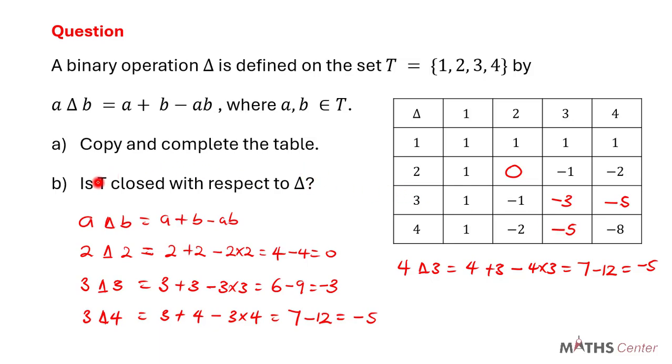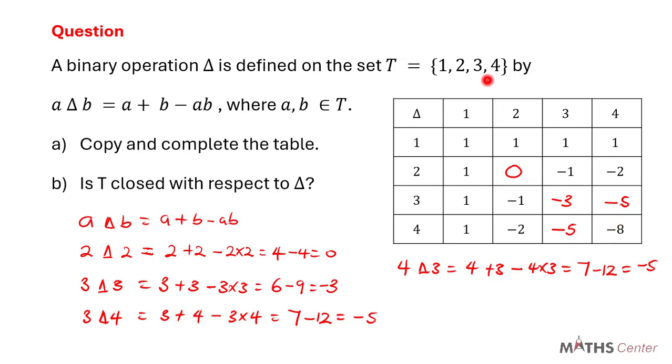The next part of the question says, is T closed with respect to delta? When we look through the table, we can see that there are some results that are produced by the binary operation delta that are not in set T. So for example, we have 0, that's not in set T. We have negative 1, negative 2, negative 3, negative 5, negative 8.